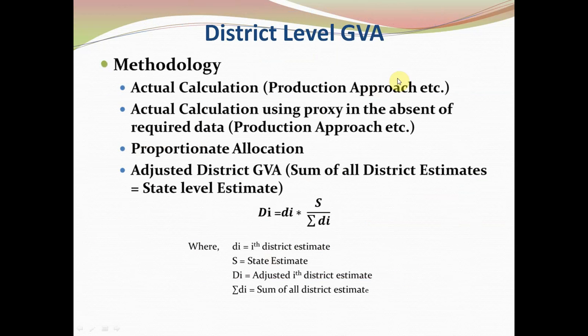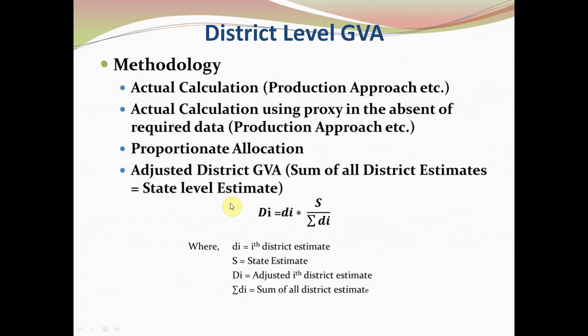Now district level GVA, how we can calculate this? The methodology is actual calculation taken by using production approach, etc. Actual calculation using proxy in the absence of required data, that is production approach, etc. Then proportionate allocation is considered, and adjusted district GVA, which is sum of all district estimates, is equal to state level estimate.